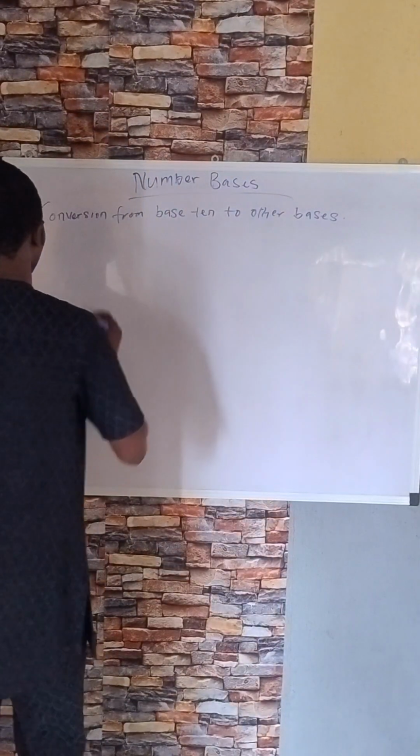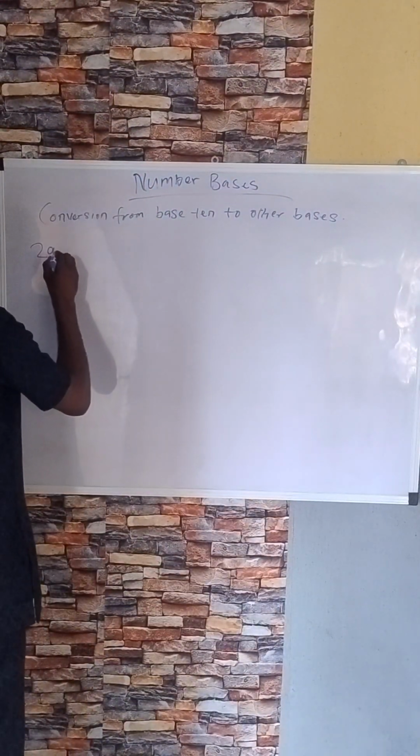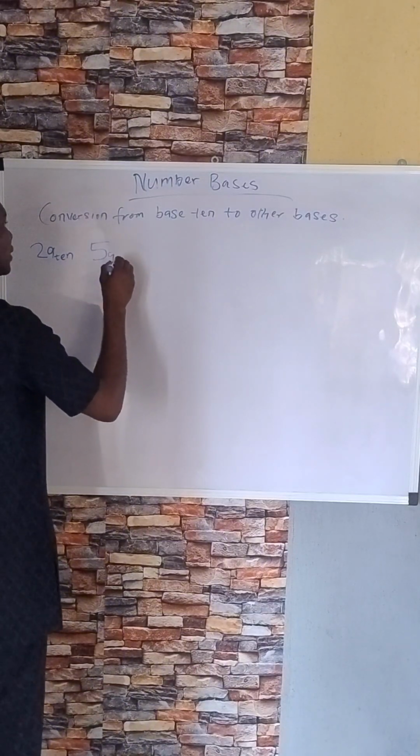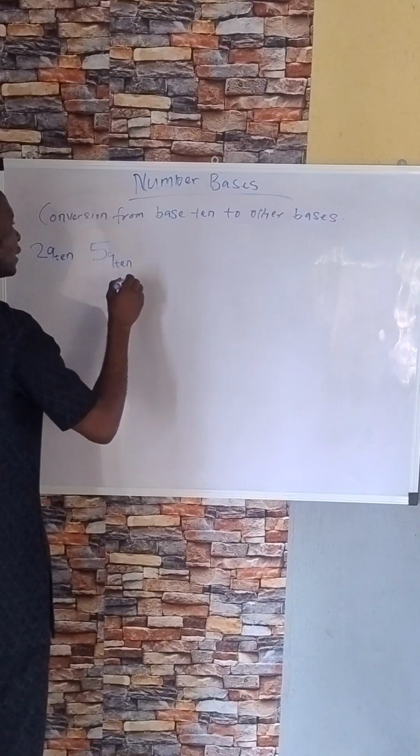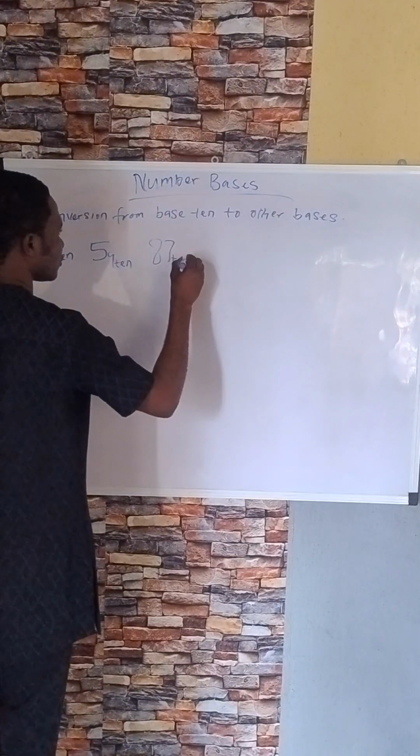So let me give you an example of that. 29 base 10, 59 base 10, and then 87 base 10.